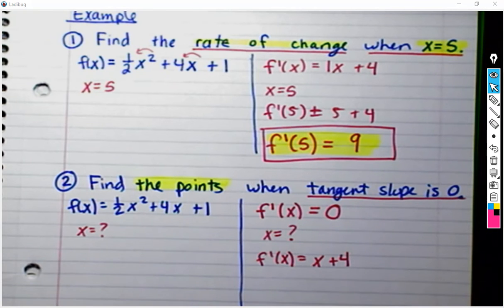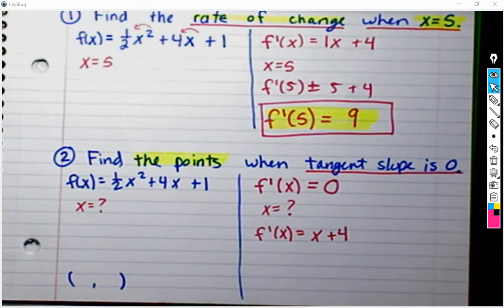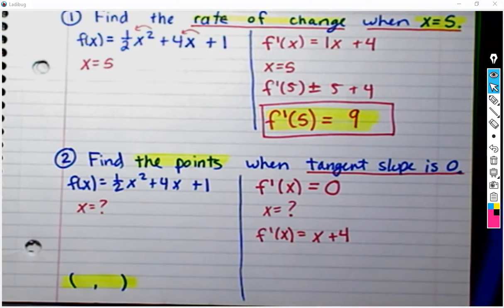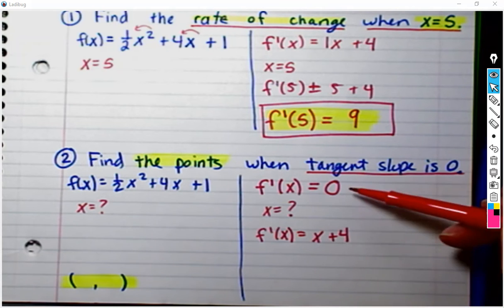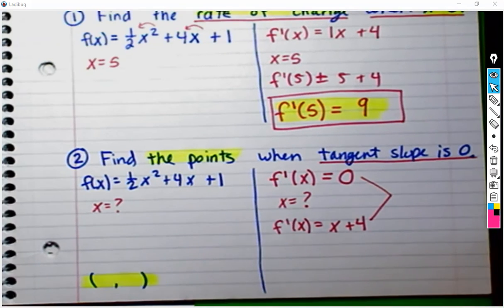That means that my answer are points, x comma y. That is my answer. It is a point on the graph. That's what I'm trying to find. Okay. I notice that I have 2 things right here. So I could set them equal and find x. Notice x is the thing I don't have.